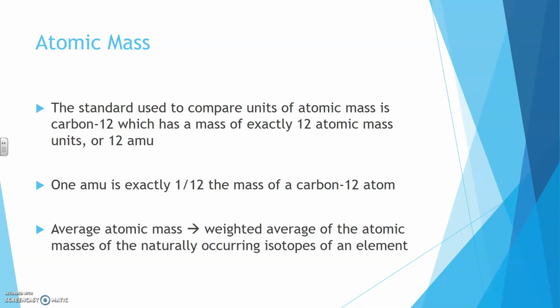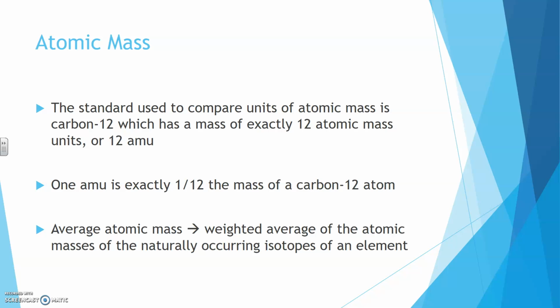And then you also have your average atomic mass. Now this is something that you use a lot more frequently than just the atomic mass. The atomic mass of any atom, any isotope, is just the protons plus the neutrons. Now the average atomic mass is actually a weighted average, so it takes into account the relative abundance of each isotope.